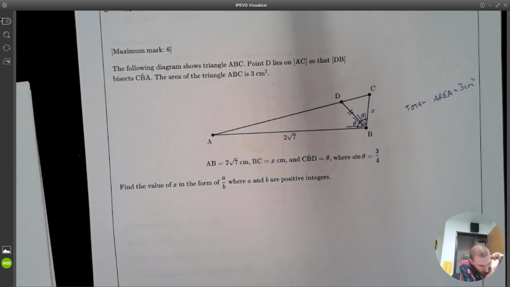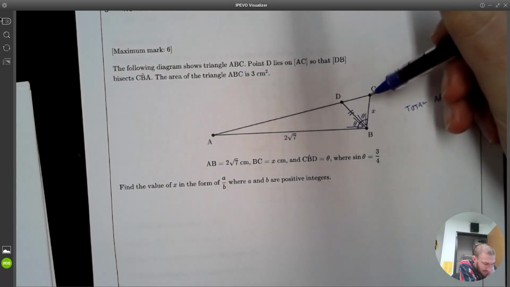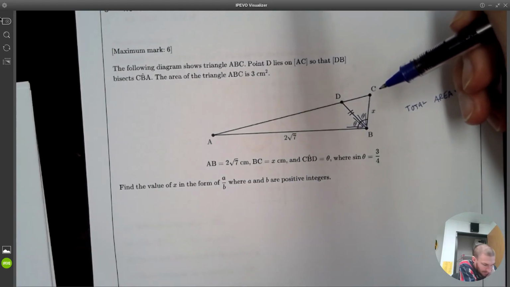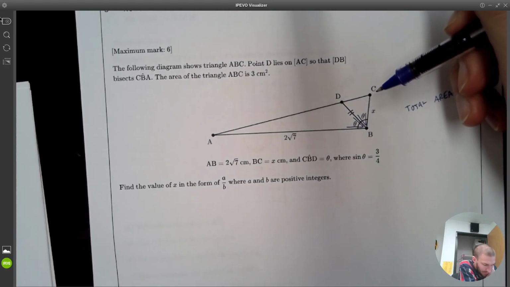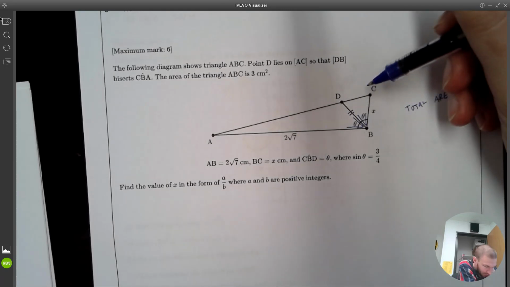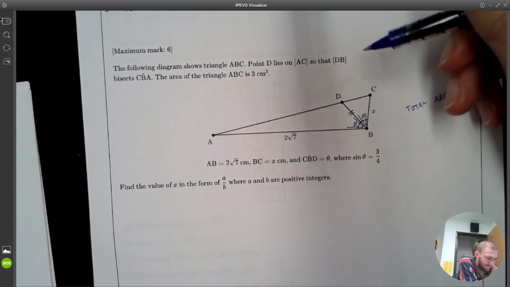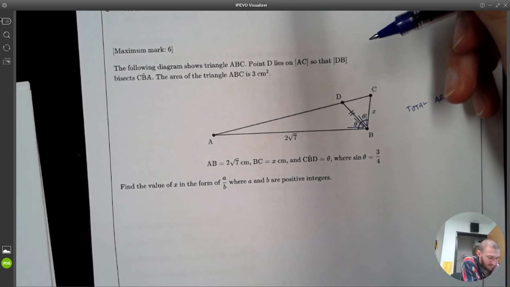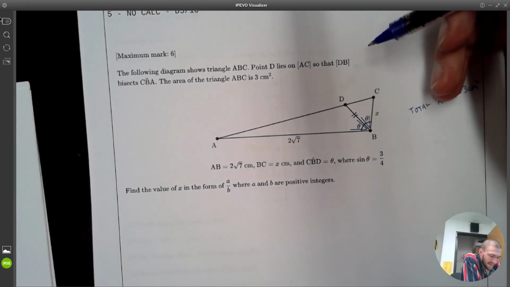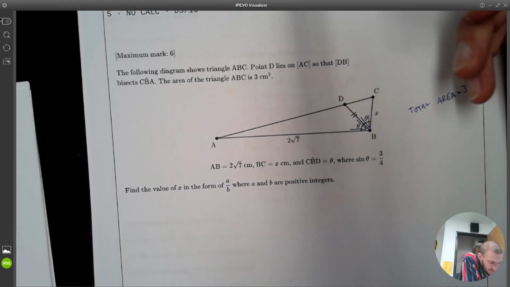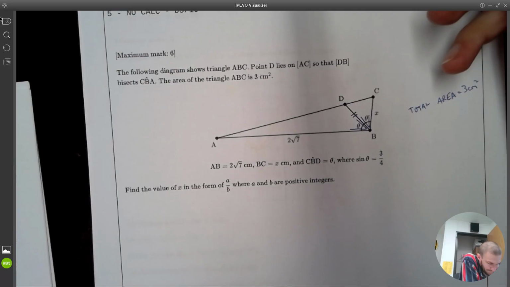I do know a trick that when triangles are set up like this, they're not gonna end up being similar, but it's gonna work out where they're gonna be proportional. So how am I gonna set this up?